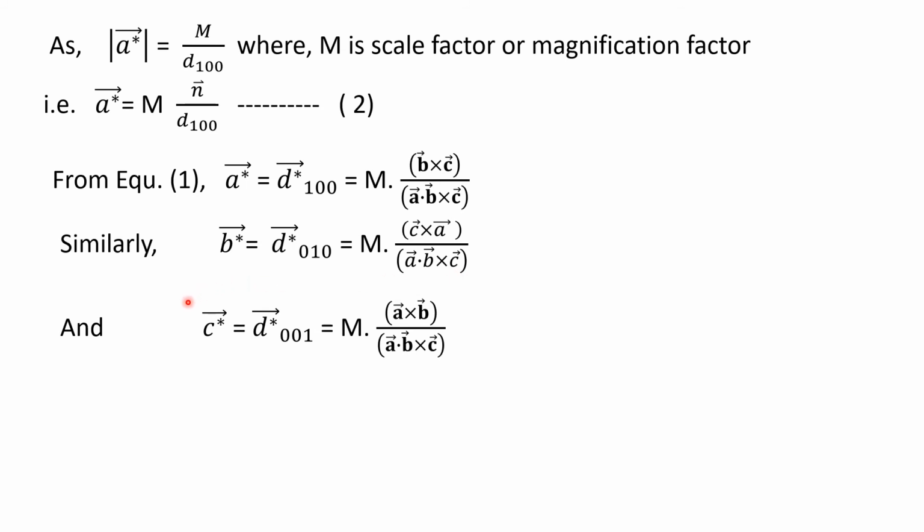Similarly, another plane, the AB plane, is perpendicular to the C axis. We draw normal along that axis. That normal for the AB plane we call C star. Therefore, we define C star, or d star 001, equal to m times the base area for the AB plane, therefore A cross B divided by A dot B cross C.